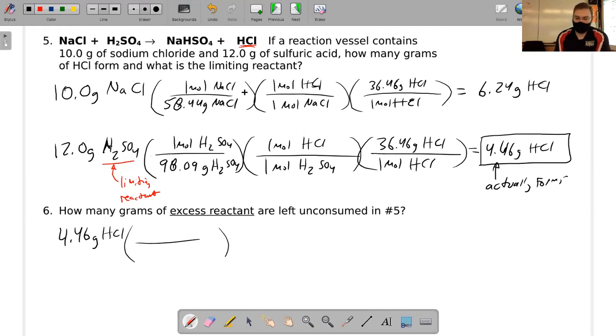So it's the same 3 steps, but they're in reverse and they're upside down. This is going to be 36.46 grams for 1 mole. Every 1 mole of HCl, you need 1 mole of NaCl.